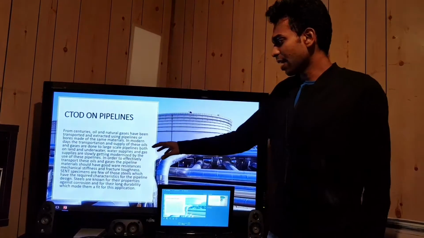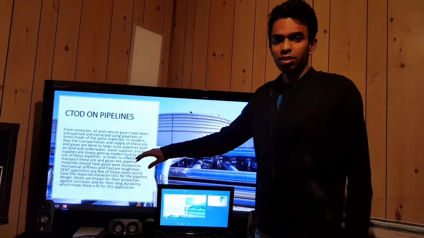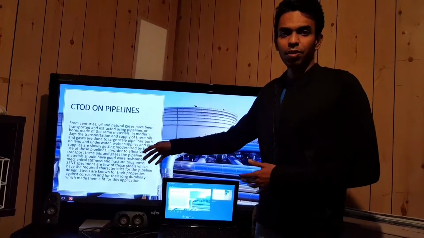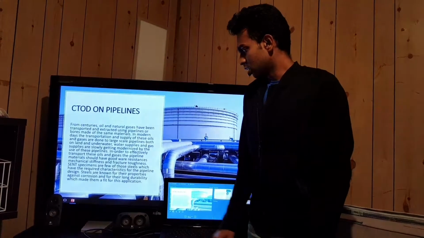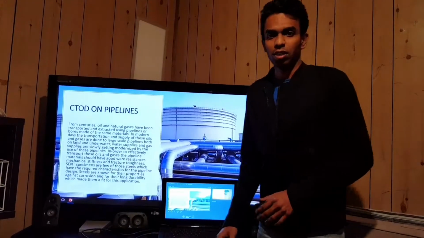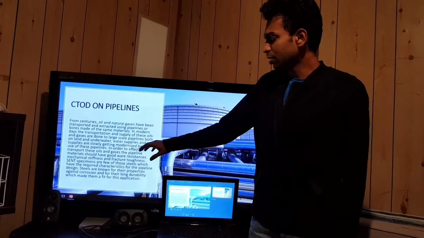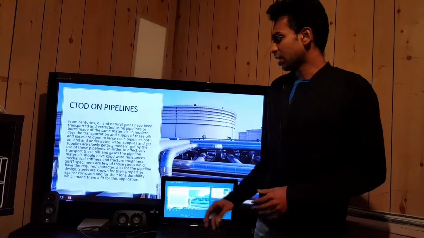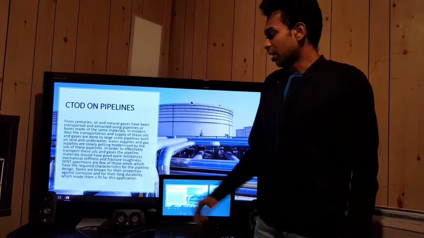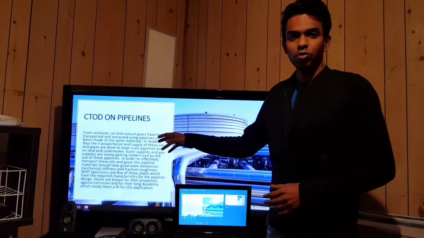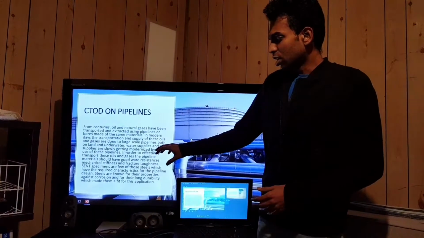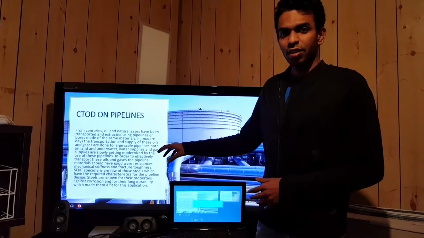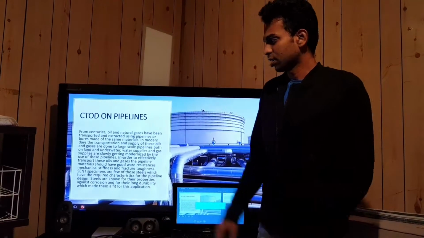Steels have very high mechanical properties and are very compatible for mixing with alloys. So bent specimens are a few specimens in which X80 steels and X70 steels come under. And in order to test these specimens under CTOD, we use torsion and a J integral which helps in these factors.